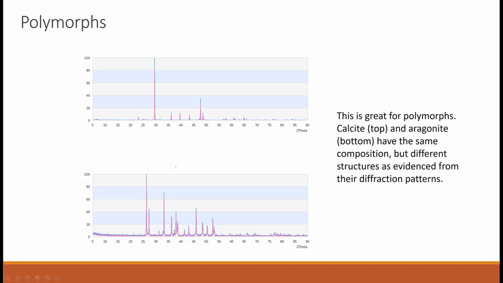So two critical things that we get from every powder diffraction pattern is one, the position of the peaks. In other words, where are they in 2 theta space? Because that's contingent on how big the structure of the atoms is put together. And then also, which are the big peaks and which are the small peaks? In other words, the relative intensity of the peaks is going to be important as well.